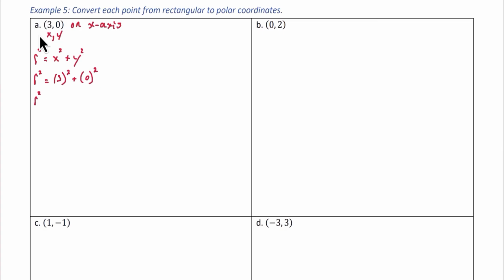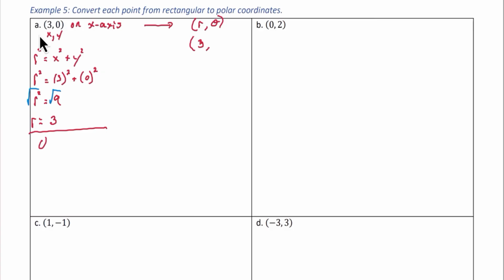So r squared is 9, and we'll take the square root of both sides, and technically we get plus or minus 3, but let's try to keep r positive if at all possible. So now again we're converting to r theta, and we have the r value. R is 3. The goal is to now find theta.